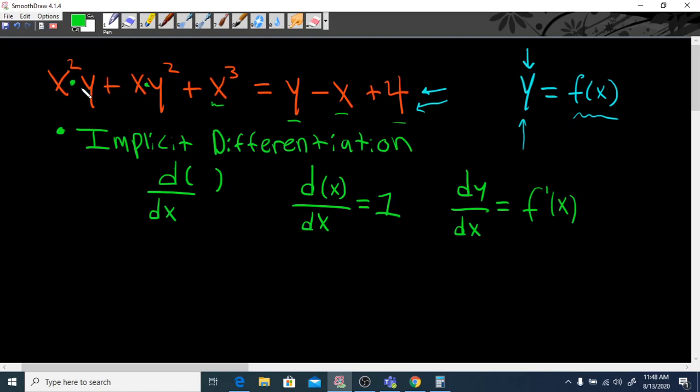So here we go. Let's work with this piece first. We have x squared times y, so we're going to use the product rule. Let me write the product rule.